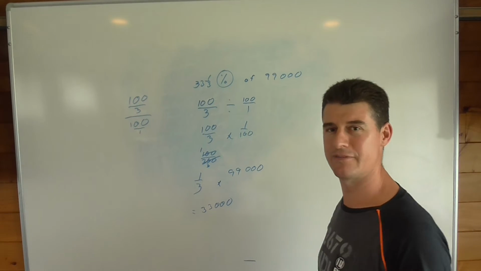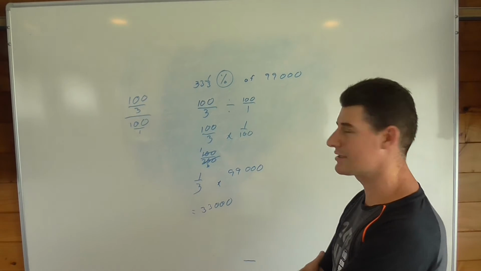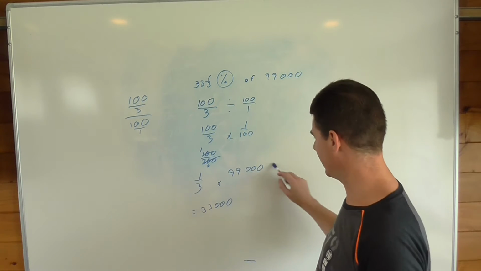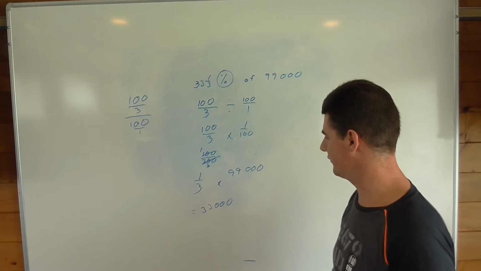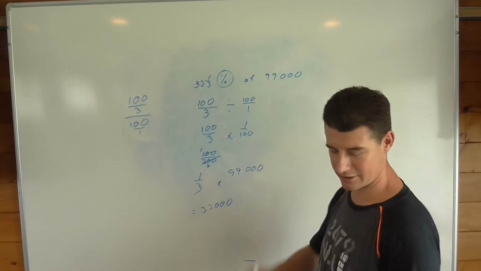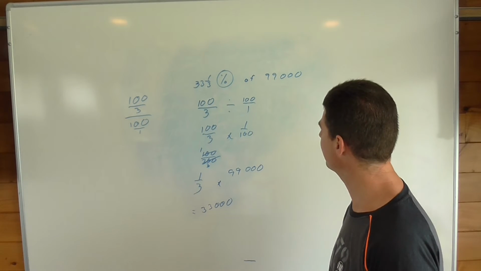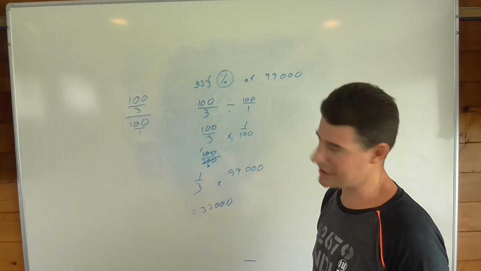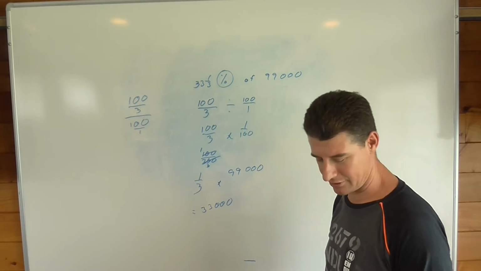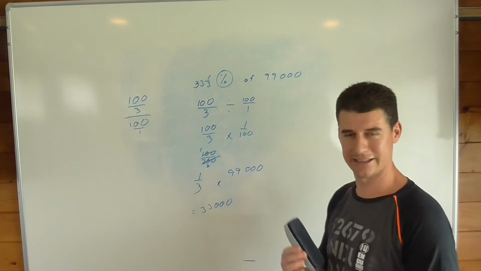It's exactly like our previous calculations, just an easy way of saying do a third of 99,000. You can obviously also do it with 33 1/3%, but if you can make it smaller, it just makes life a little bit easier. All right, great.